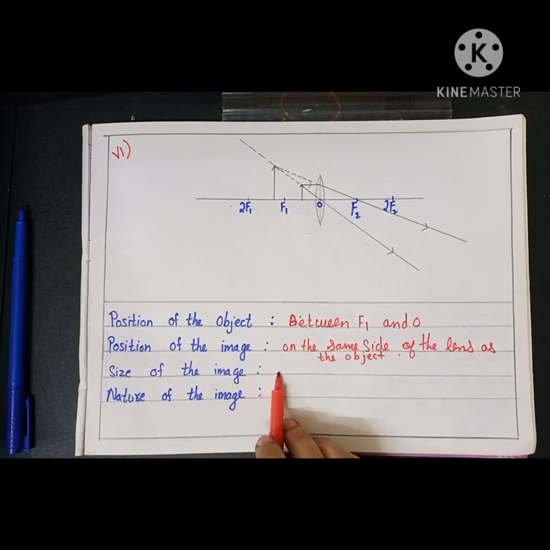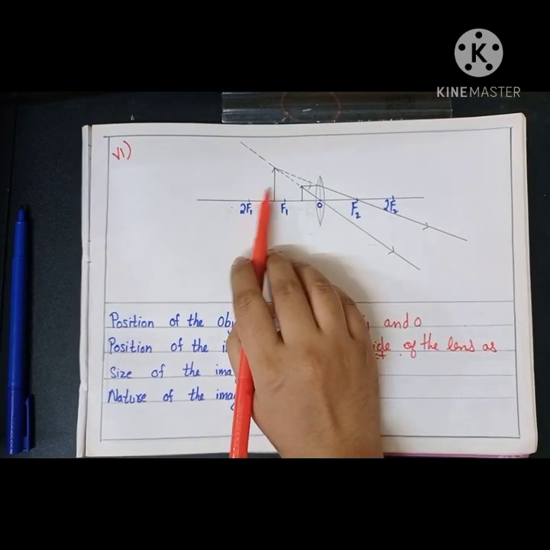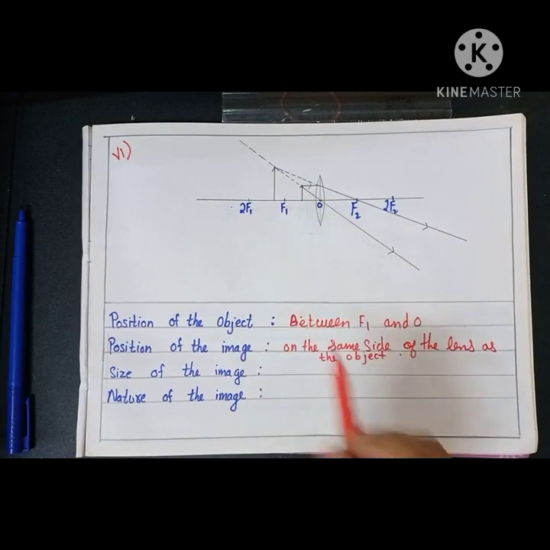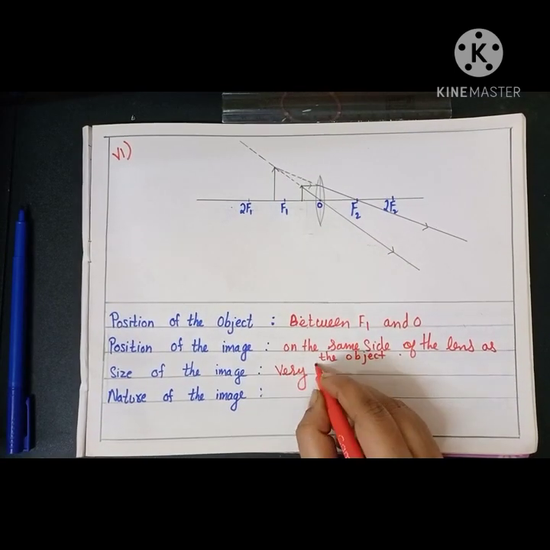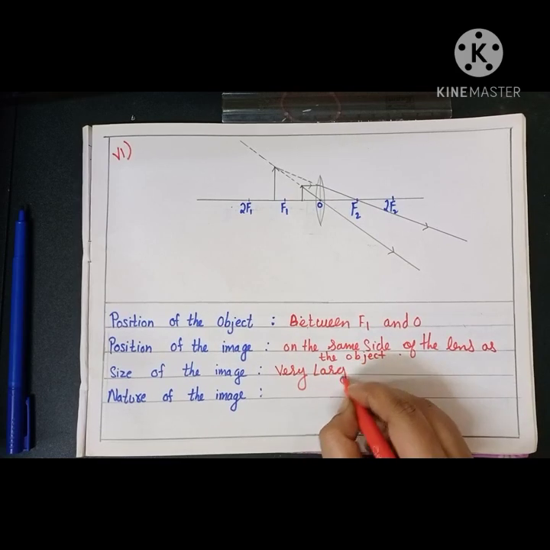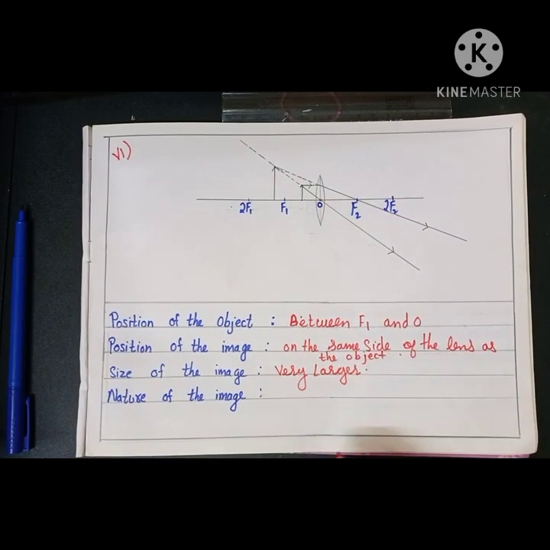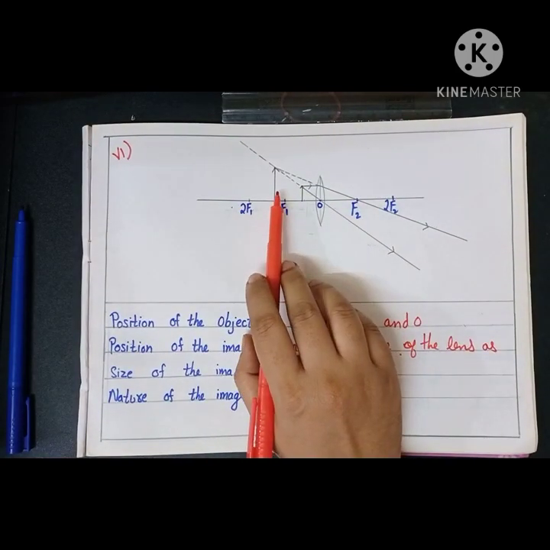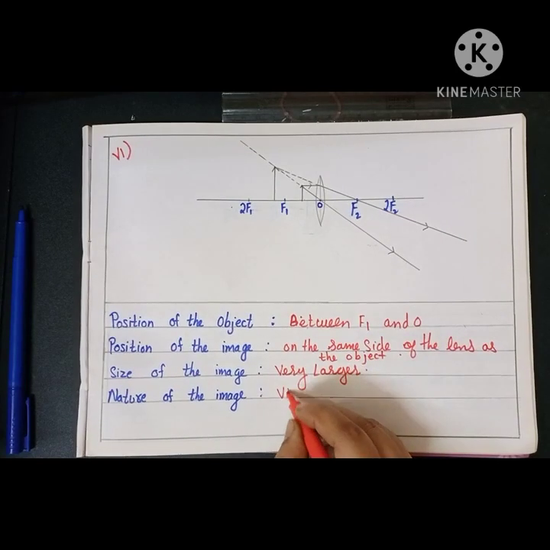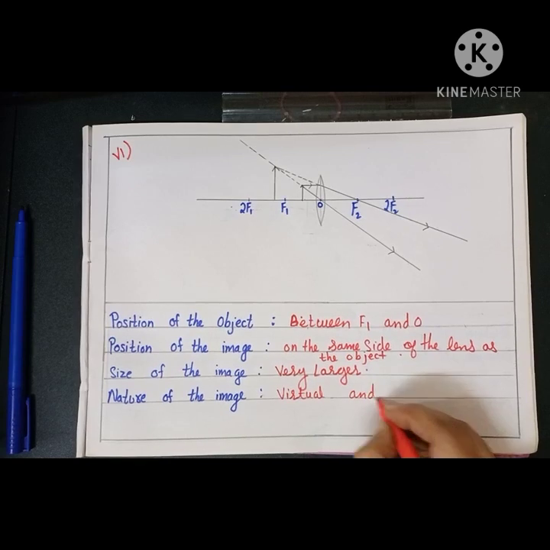What is size of the image? When you will compare, it is very larger as compared to the object. So you will write here very larger. Now only in this last example the image formed here is virtual and erect.